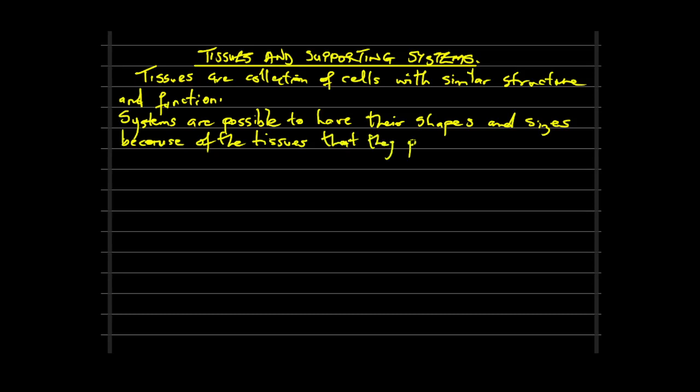So we will quickly be looking at a whole lot of things now. Let me be specific and restrict my discussion today to animals. If we're talking about animals, there is a particular supporting tissue that we have in animals, and that is the skeleton. The skeleton is the supporting tissue that we have in animals.